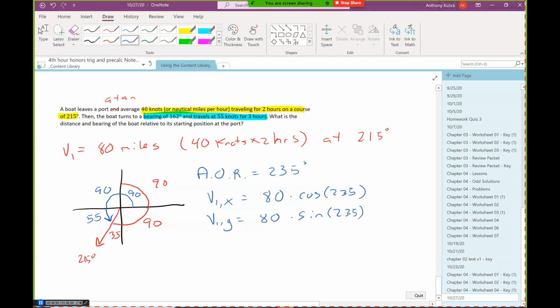And we'll write it like an ordered pair.